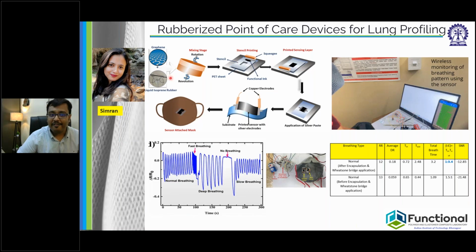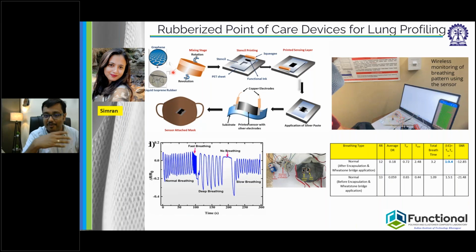Now, why we have taken this liquid isoprene rubber? Because you have to take advantage of the rubber too. Although I have said that rubber doesn't have much role to play in this sensor, apart from delivering the flexibility, sometimes you have to trick the rubber also. Because coming to the application perspective, there are a lot of armed forces who are sitting in very high altitude areas.